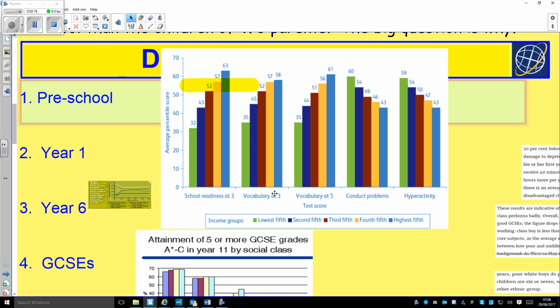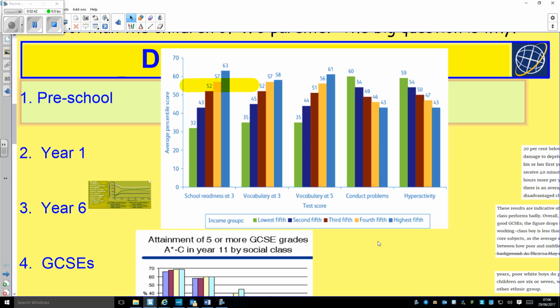Vocabulary when they're 3, how many words do they know? You can see the richer kids, middle class kids, know loads more words when they start school than the poorer kids. Year 1, vocabulary at 5. Again, you've got the richer kids, middle class kids, knowing many more words than the working class kids when they're in year 1.